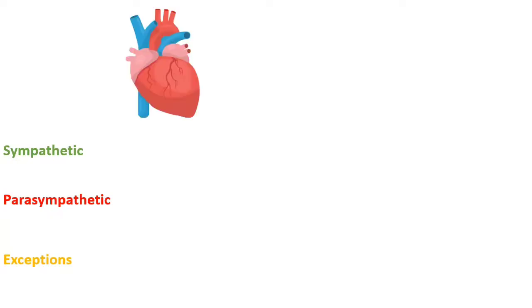Now we are going to discuss the effect of each system, the sympathetic and parasympathetic, on each involuntary organ. Okay, so you would know the effect of sympathetic and parasympathetic, and if there are exceptions to this effect on this organ. Okay, so let's start with the most important involuntary organ, which is the heart, right?